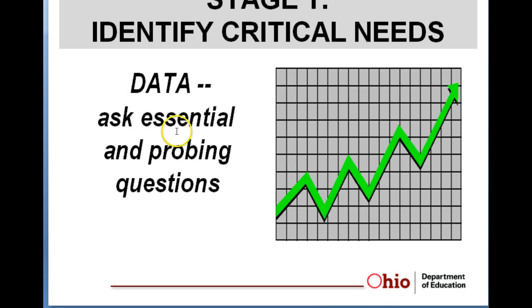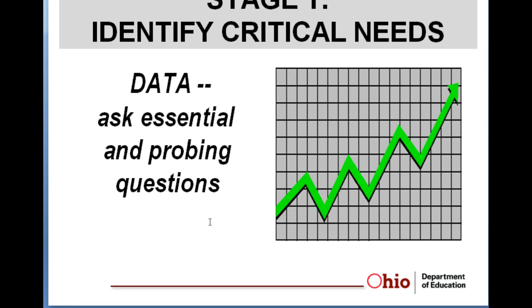Stage 1 is identifying critical needs. This is where buildings and districts utilize the DF decision framework, which is data that is populated into a system where building and district leadership teams answer very specific questions in order to generate the critical need.